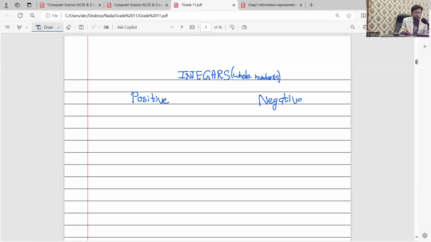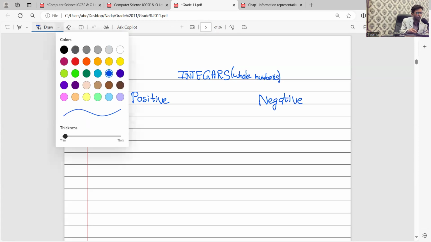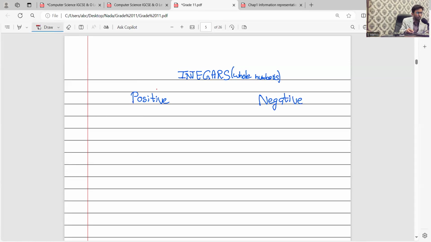For example, if you have a positive integer like 45 or 60, you can consider this number as a denary number and convert it into binary. But if you are given negative integer values, for example minus 45 or minus 60, how are you going to convert that?